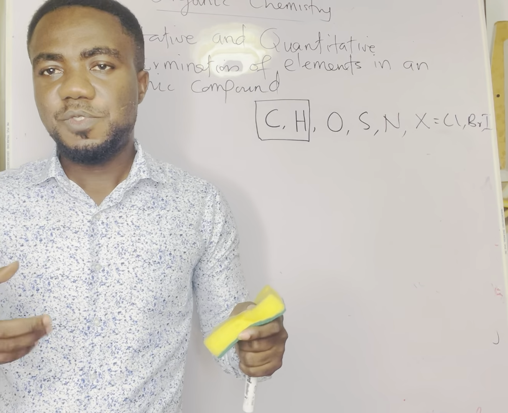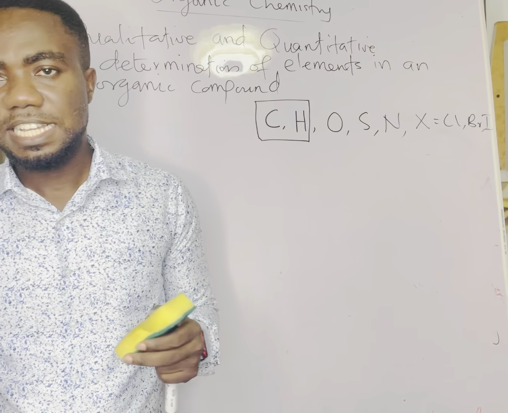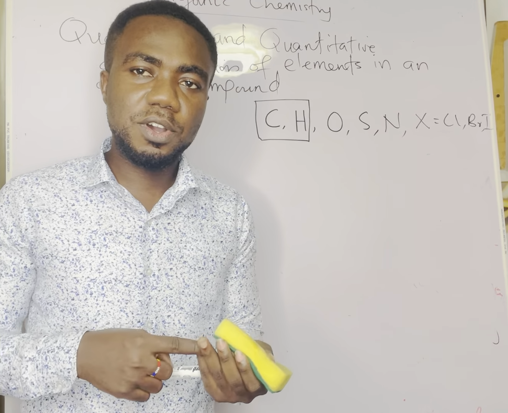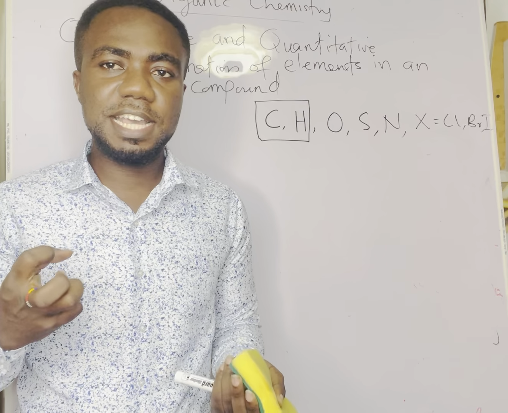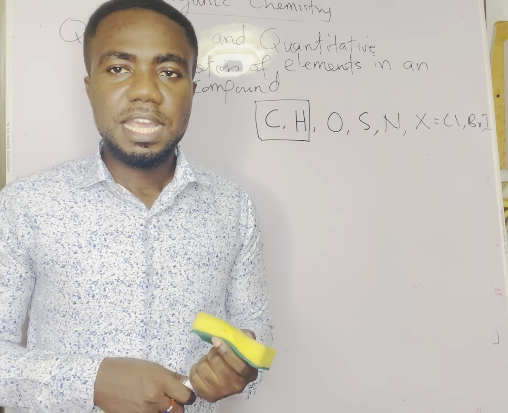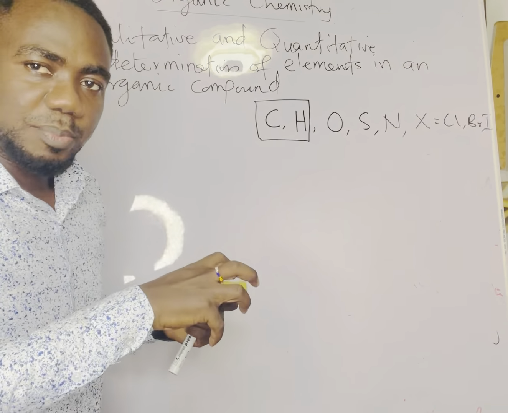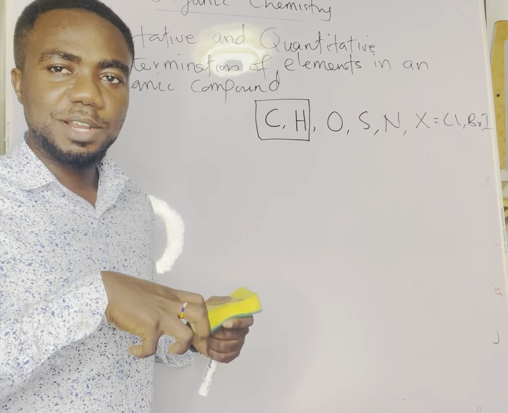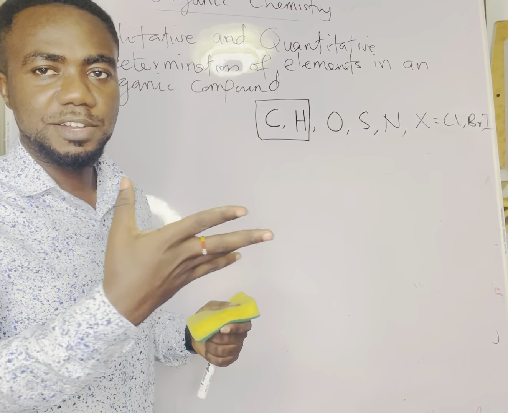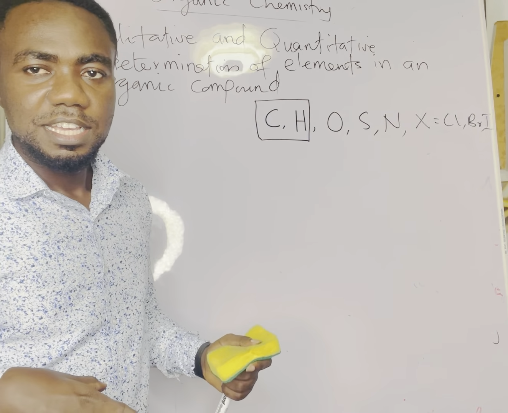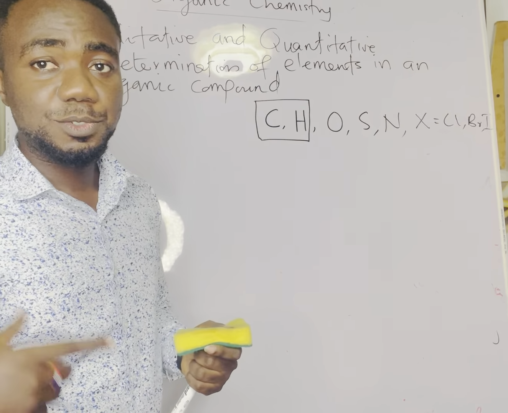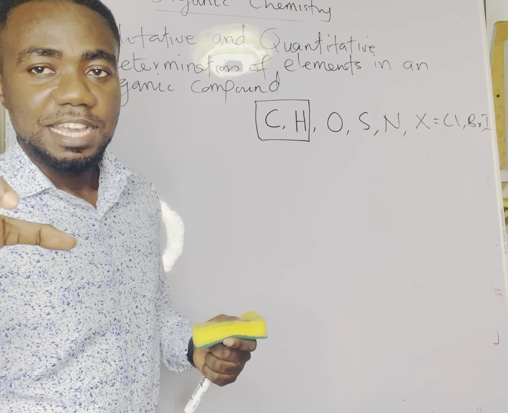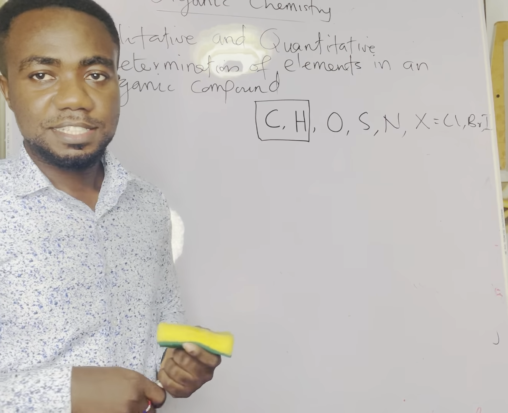So we are going to heat the organic compound with pure oxygen or a dry oxidizing agent. In the process, the carbon present in the organic compound will be oxidized to carbon dioxide, and then the hydrogen will be oxidized to water. But this needs to take place in the presence of a pure catalyst.